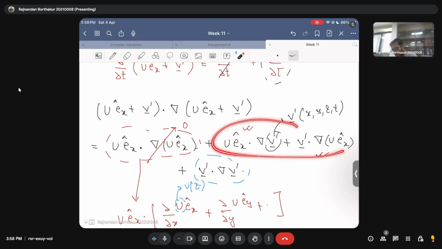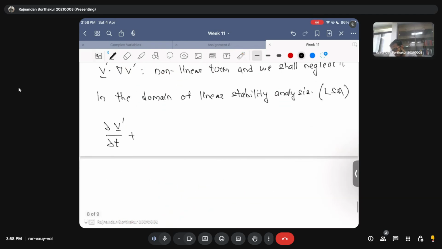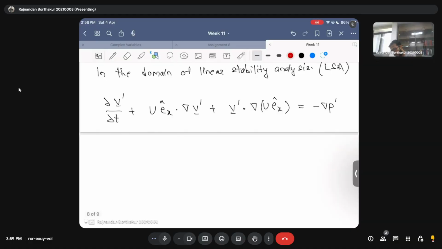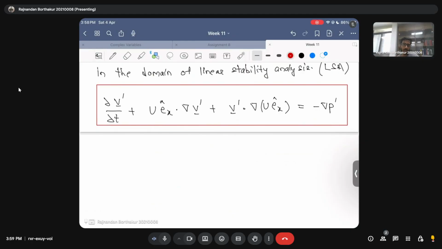And this term is neglected because it's a non-linear term, which means I just have del v dash by del t plus u ex dot grad of v dash plus v dash dot grad of u ex. These two terms are there, and then we have minus gradient of p dash for the perturbed pressure. So this equation is the linearized Euler equation which governs the perturbations.